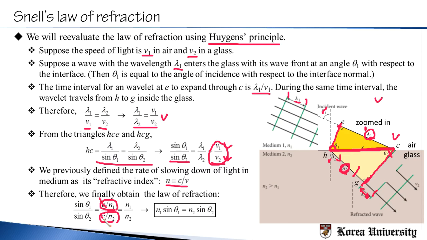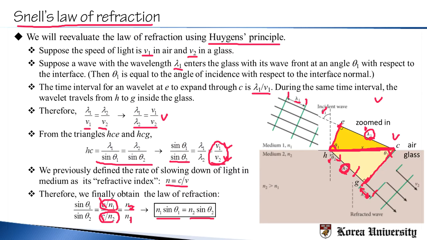You can drop the c, and then finally we get this, but this is wrong. Actually this has to be n2 divided by n1. Do you get that? Finally we can rewrite this such that n1 multiplied by sine theta 1 is equal to n2 multiplied by sine theta 2. This is Snell's law of refraction.